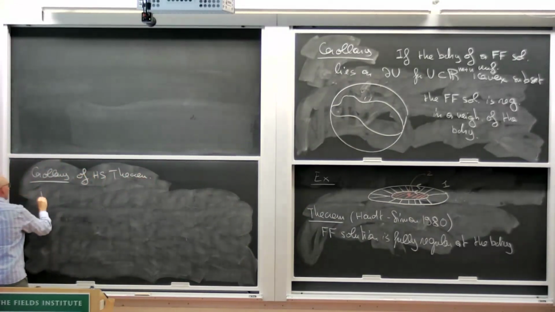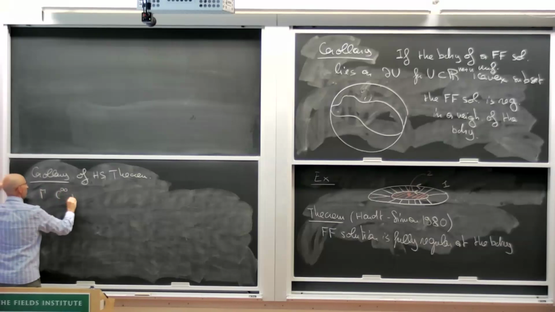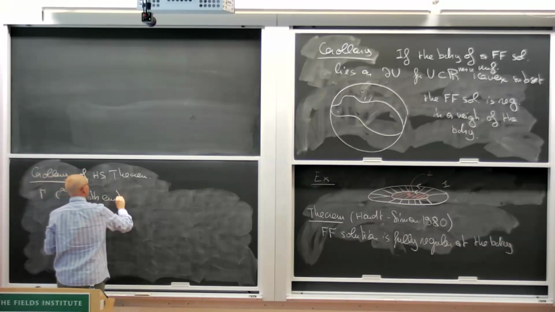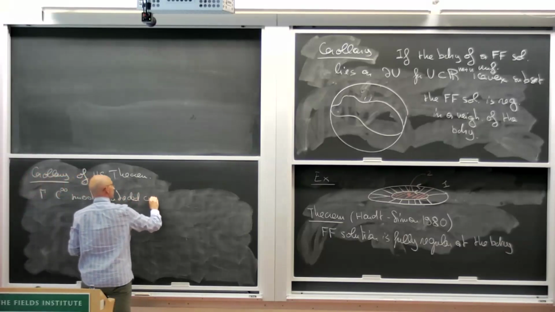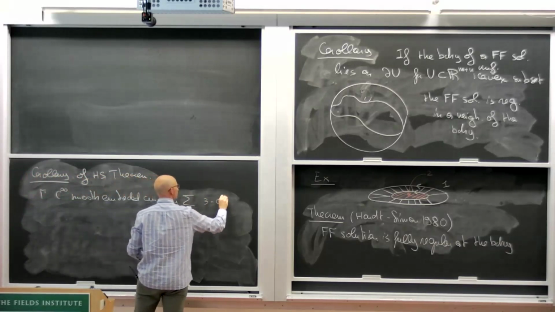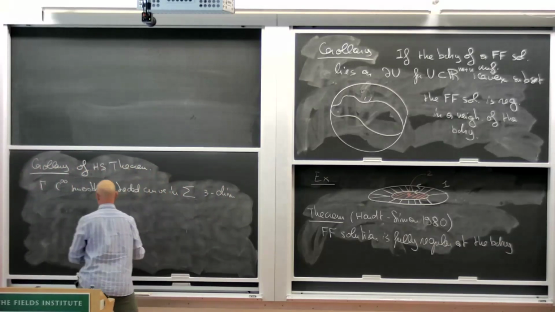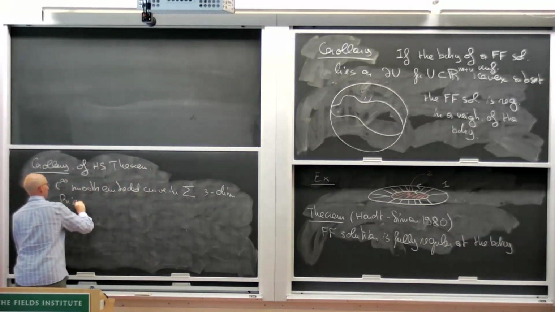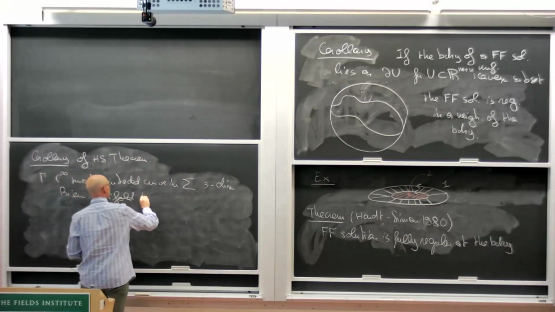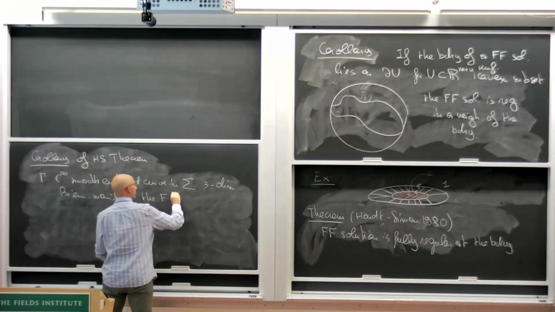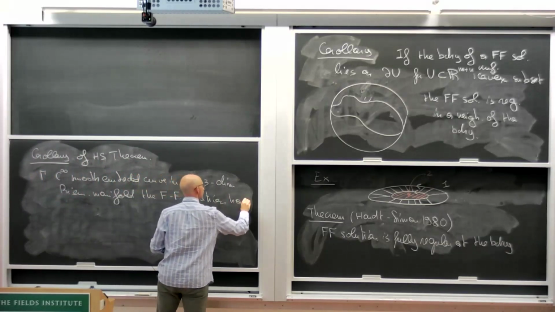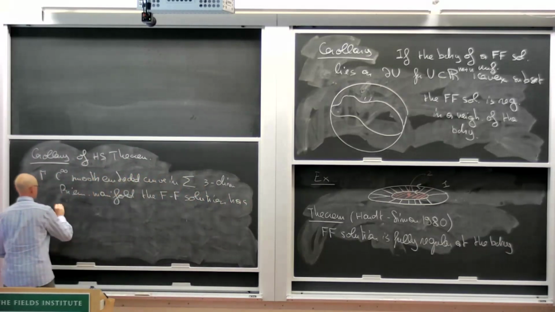If I give you gamma, a C infinity smooth embedded curve in Sigma, a three-dimensional Riemannian manifold, the Federer-Fleming solution has always finite topology.